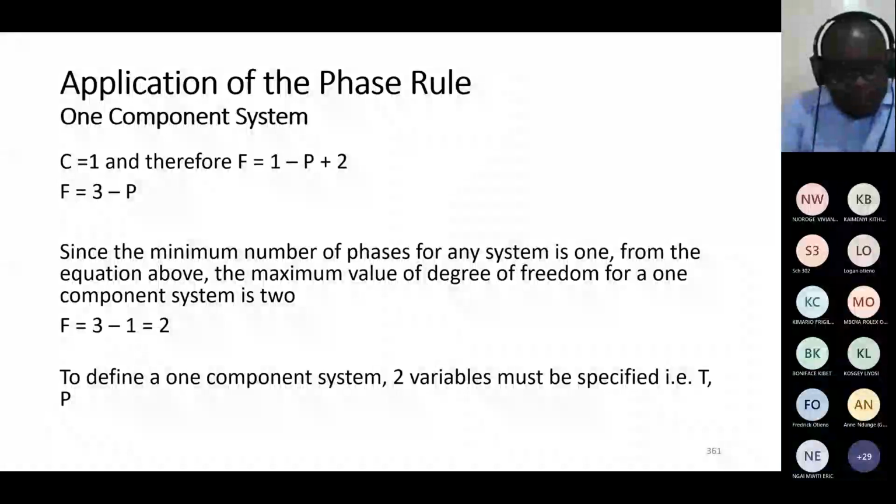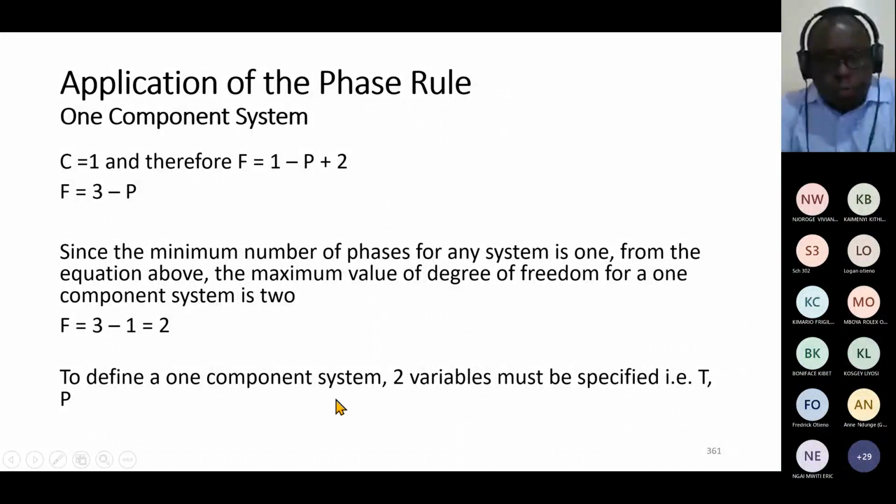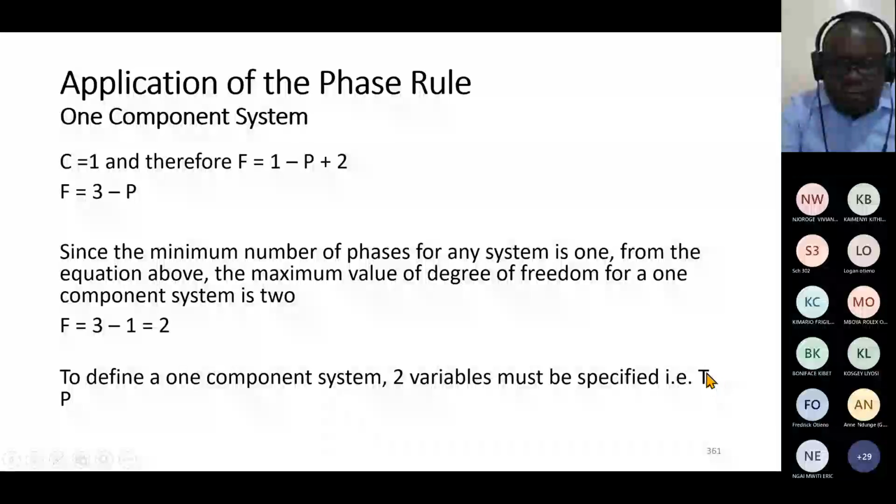So to define a one component system, what this means is that you need 2 variables. So 2 variables must be specified for you to define a one component system. So that is temperature and pressure.